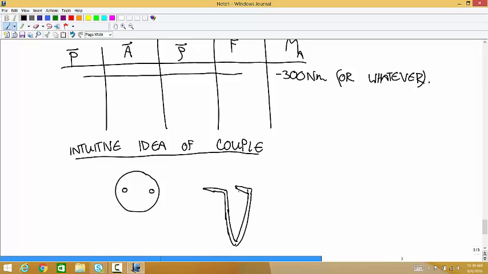And you'd put one of those points in each one of those holes, and then you'd use that to turn this screw.